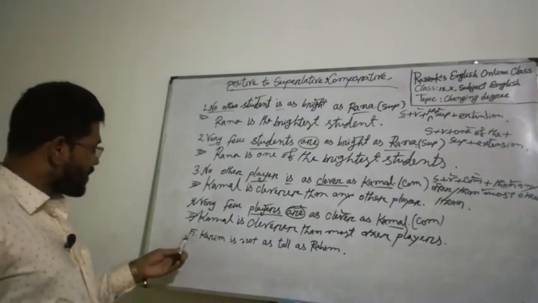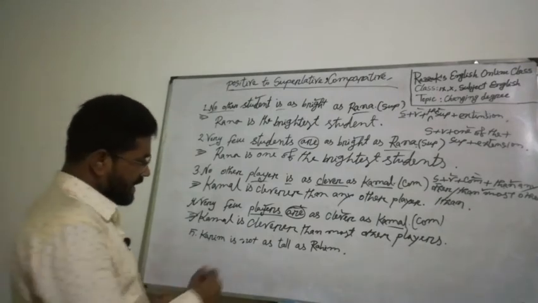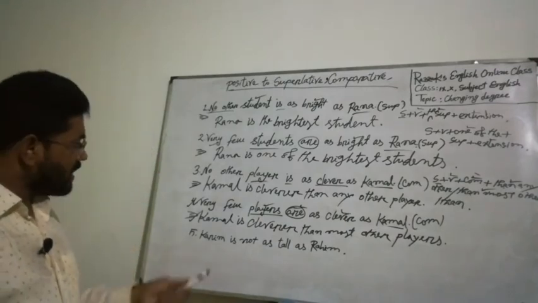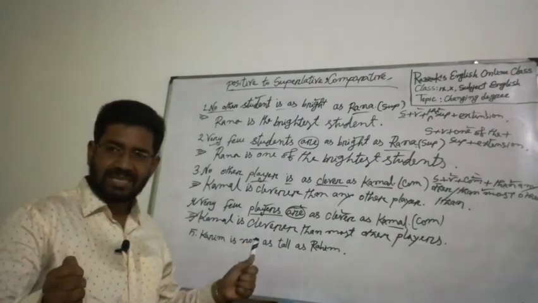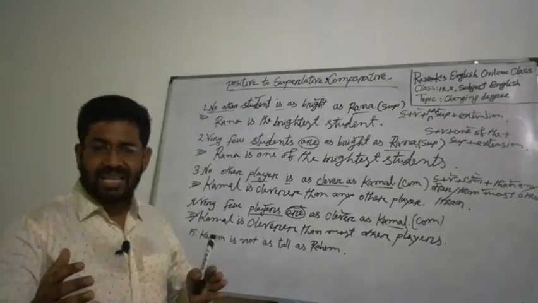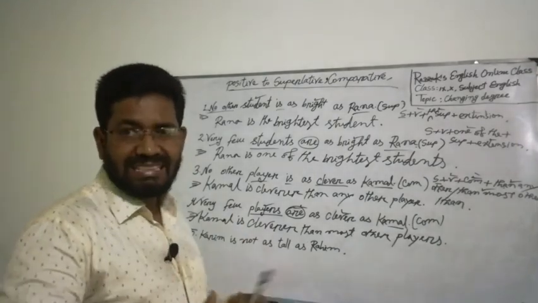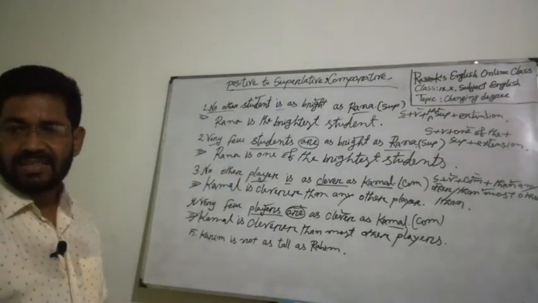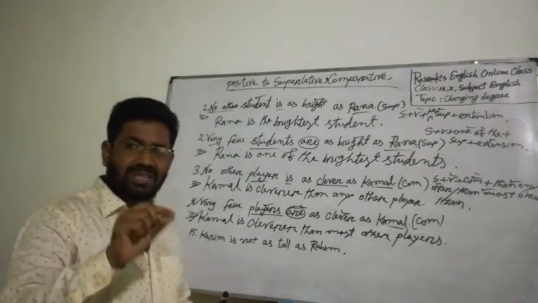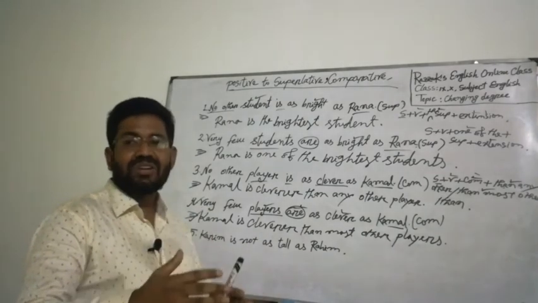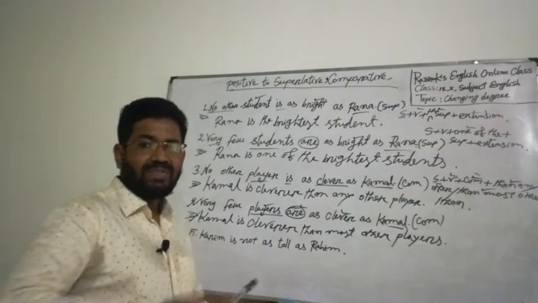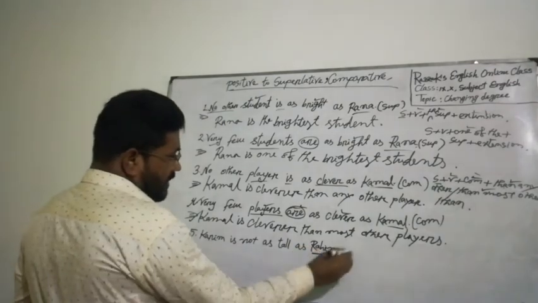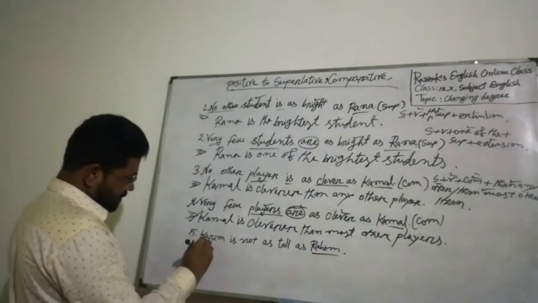Notice question number 5. Karim is not as tall as Rahim. Dear students, this is also a positive degree, but there is no no other, there is no very few in this sentence. This is the difference from the other sentences. So you should use just then after the comparative form of this sentence. Let's see the answer. Rahim is the subject of this sentence.